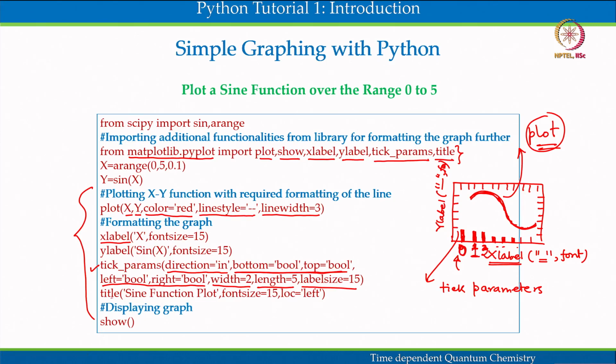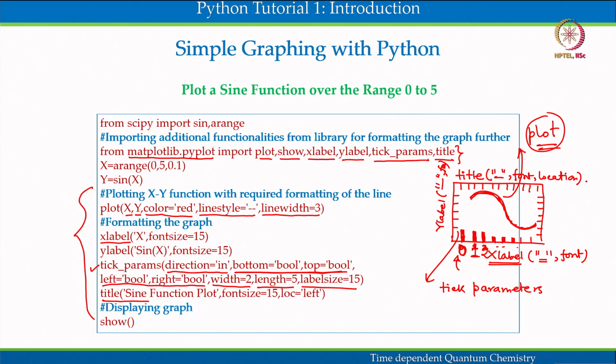Then title comes here, and within title again I have quoted string which will be written, and font size and location where it is. So these are the formats we are going to use.